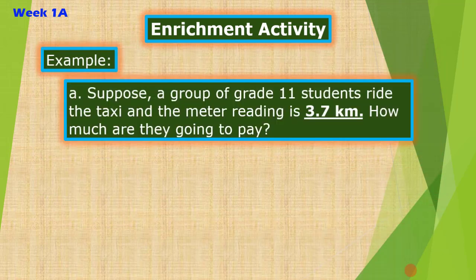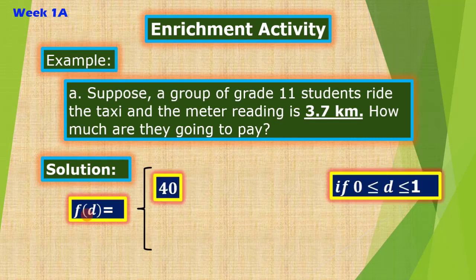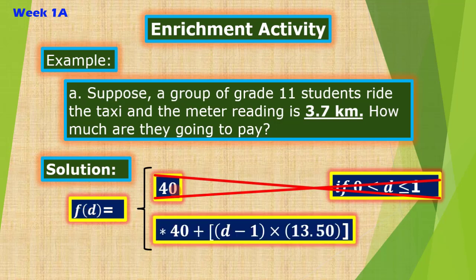For example, suppose a group of grade 11 students ride a taxi and the meter reading is 3.7 kilometers. How much are they going to pay? For the solution, f of d, we recall the functions that we have, but since d is 3.7 kilometers, it's greater than 1, so we cannot use the first function.